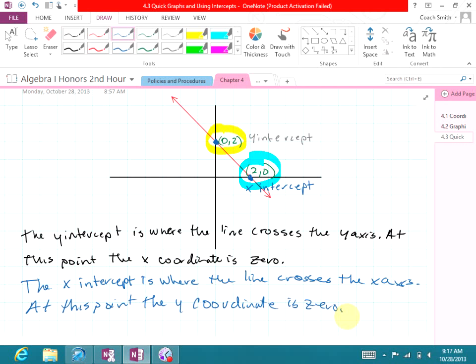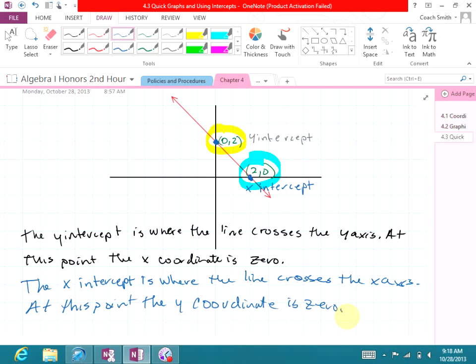So as we look at those 2 points, it doesn't matter if this line crossed here, here, even in the middle. Doesn't matter where it crosses that x-axis, on the negative or the positive side.